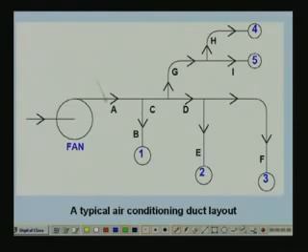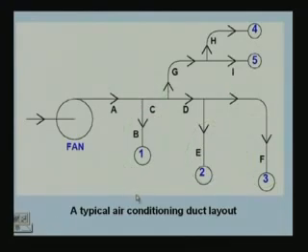For example, this duct run is known as your main, whereas these duct runs are called branches, okay, different branches. So first we select velocities in main and in the branches, based on, let us say, noise criteria, or based on the space considerations or fan power considerations, etc. We have to select suitable velocities in the main and in the branches. This is the first step in velocity method.